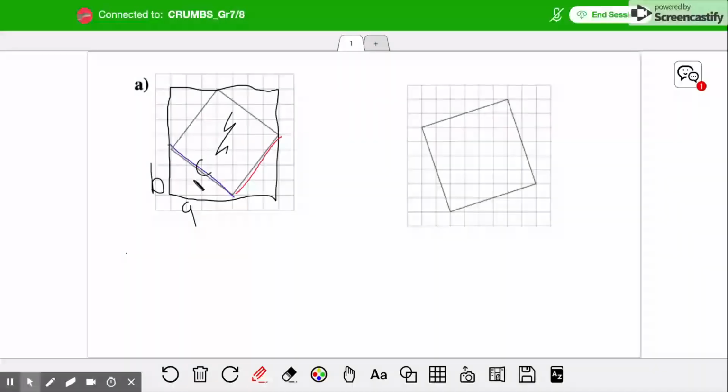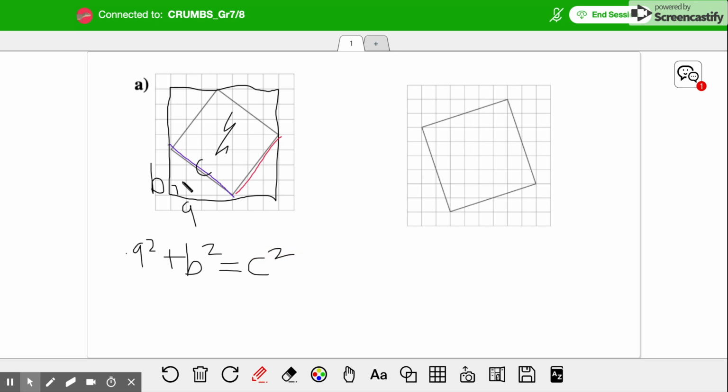So you would call this purple line C, and then you would use the Pythagorean theorem. Do you want to go ahead and demonstrate that on the board, or is that all you needed? No, I still need help with this. Okay, so A squared plus B squared equals C squared, right?